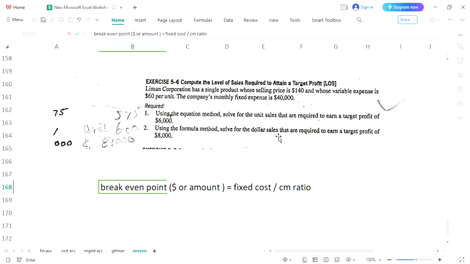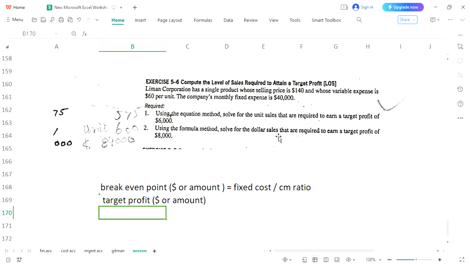This way you will be able to calculate your break even point in terms of dollar or amount. But you will use the same formula for target profit in terms of dollar or amount.